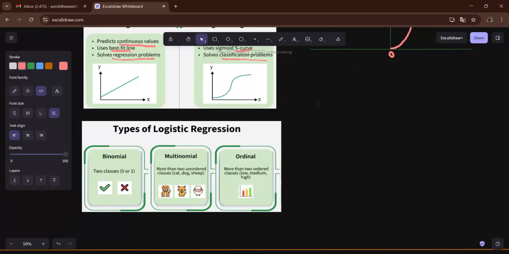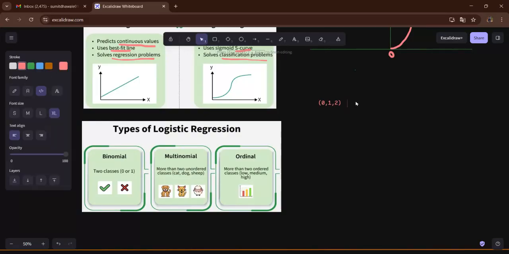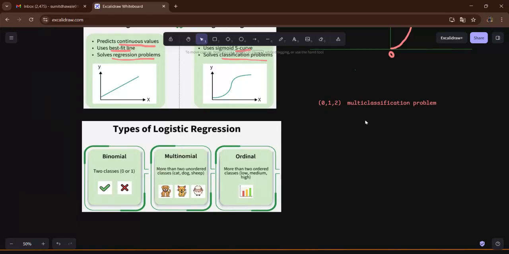Now there may be multi-class classification also, like 0 1 2 might be the possibility, and it uses a multi-class classifier for the classification purpose. Multi-classification problems can also be solved by using logistic regression.